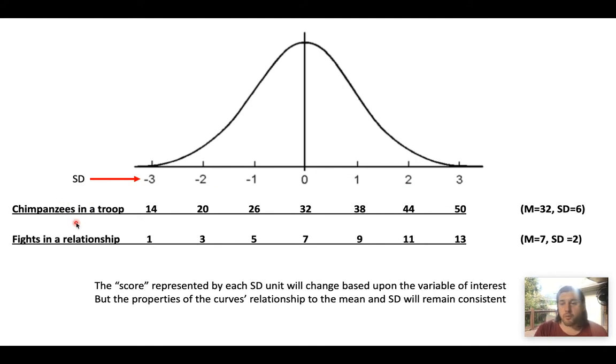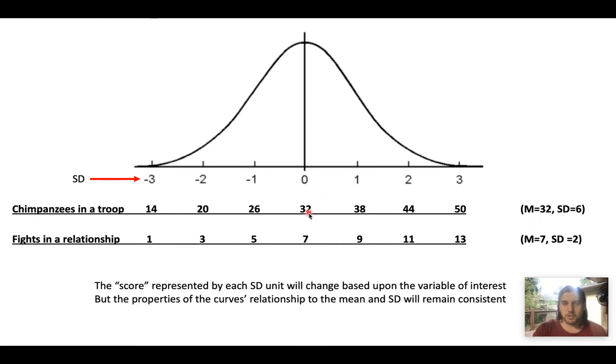So let's say you're a primatologist who's studying chimpanzee social behavior, and you measure the number of individuals in chimpanzee troops. You find that the mean number of chimpanzees in a troop is 32, and that the standard deviation is 6. You have a data set, you ran the stats, and this is what you found.